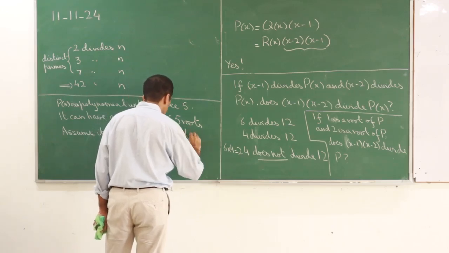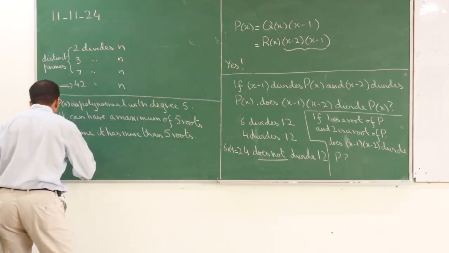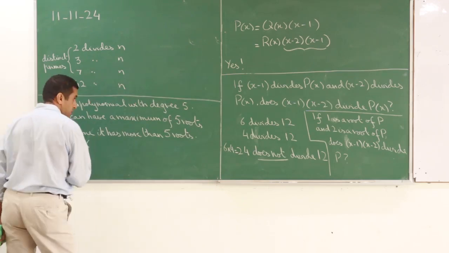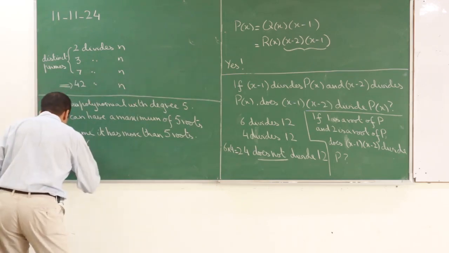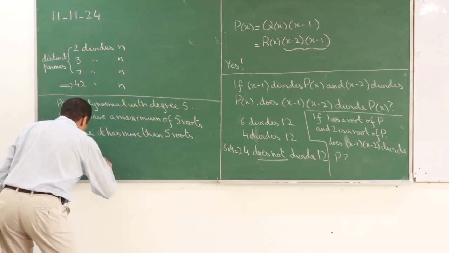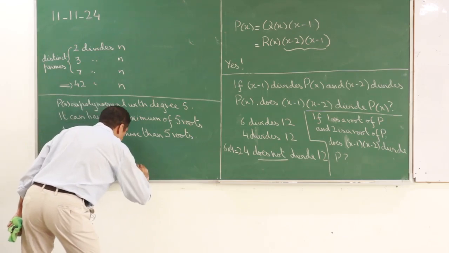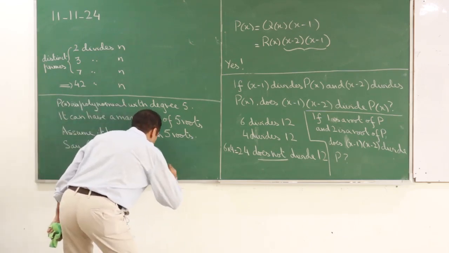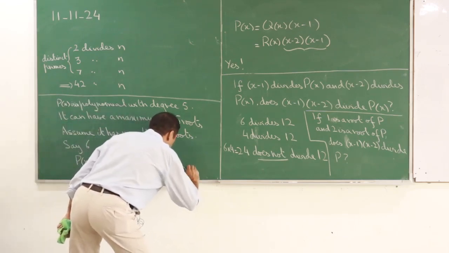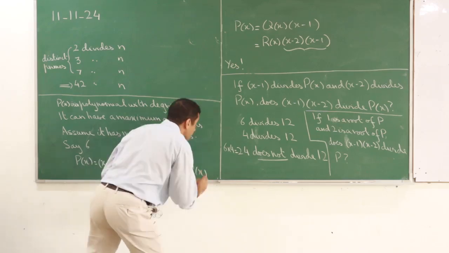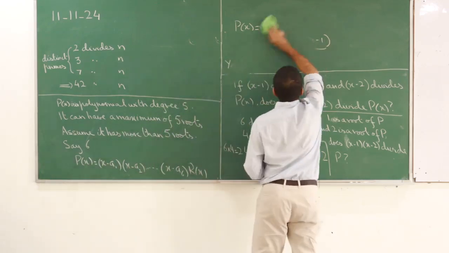Then P of x can be written as a product of these 6 roots along with a residual polynomial.